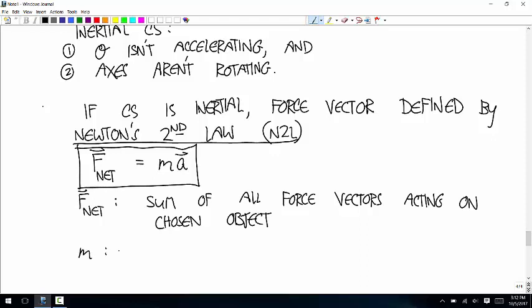M is the mass of the chosen object. And A is the acceleration vector of the chosen object.